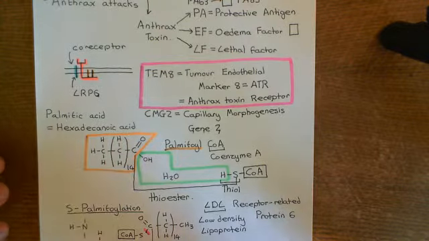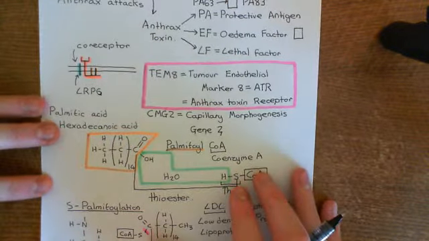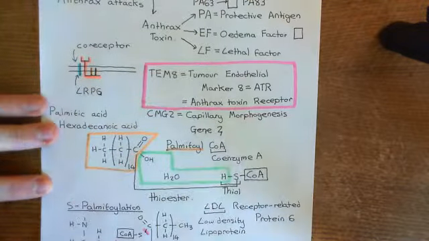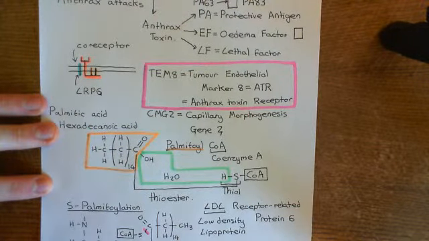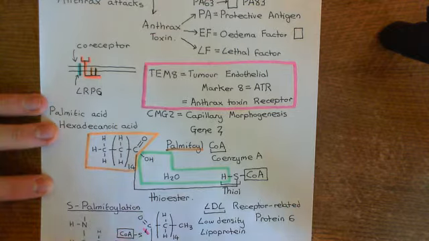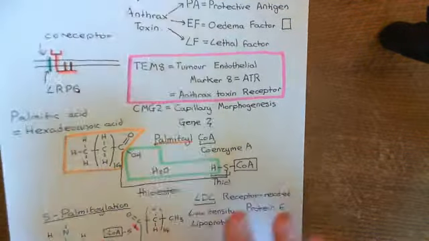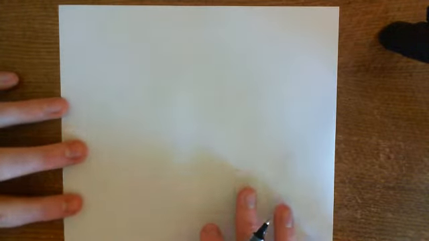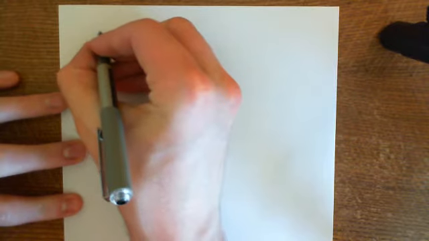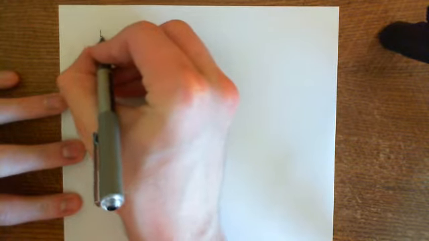All that needs to happen now is that this receptor needs to get exposed to the protective antigen 83, which is going to come and bind to the binding site on this tumor endothelial marker 8 protein.